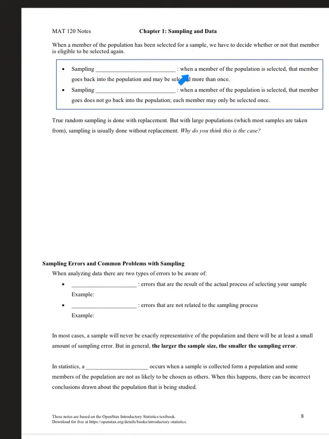At the top, when we have a member of the population that is selected, and that member is returned to the population and might be selected more than once, we call that sampling with replacement.